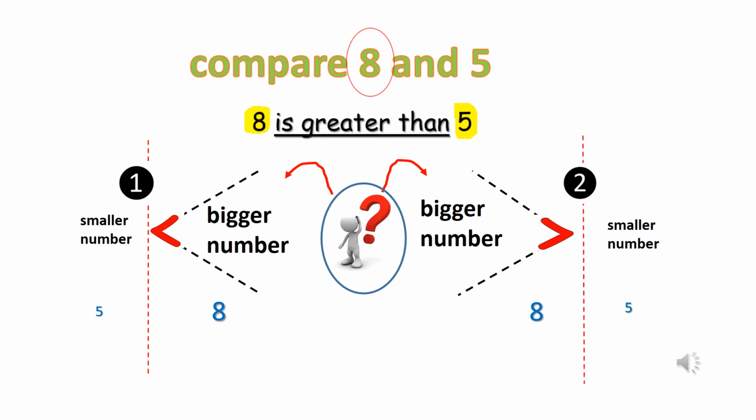Which number comes first as you read from left to right? 8 is greater than 5. Is it symbol number 1 we use, or is it symbol number 2?